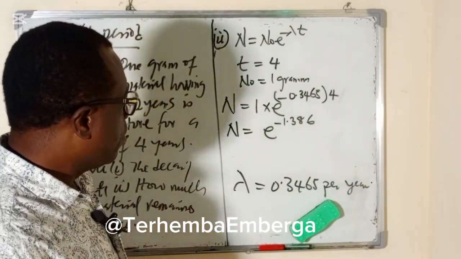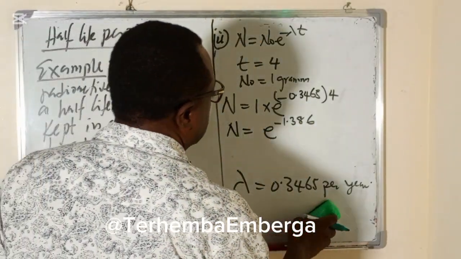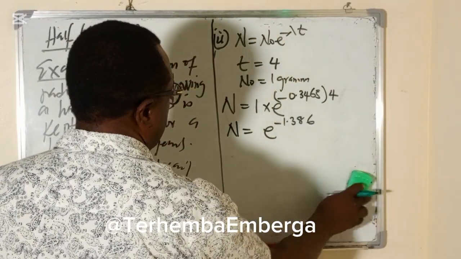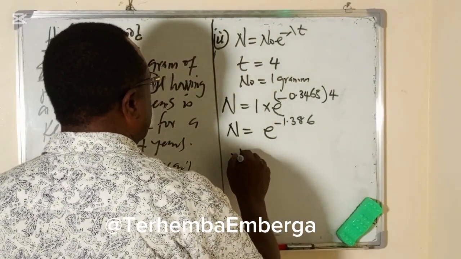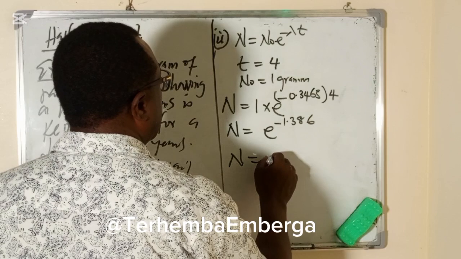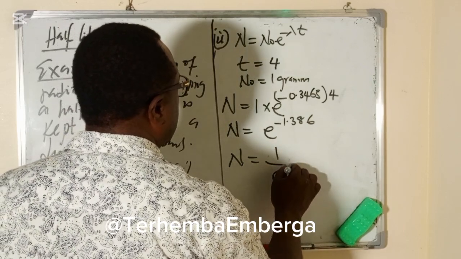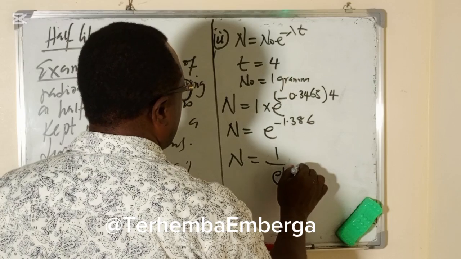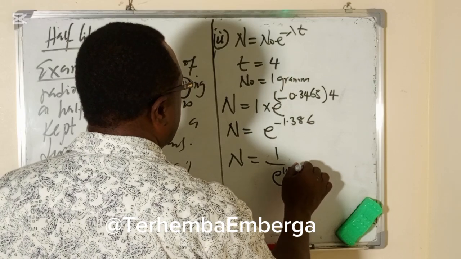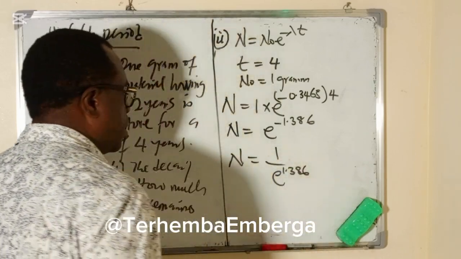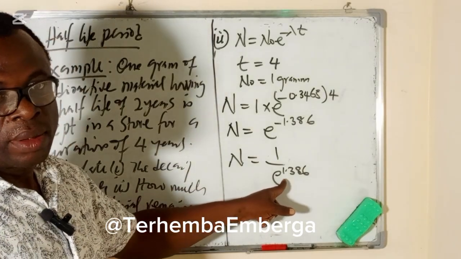So by the time we do that, we can write this as N equal to 1 all over e to the 1.386. This is exponents.